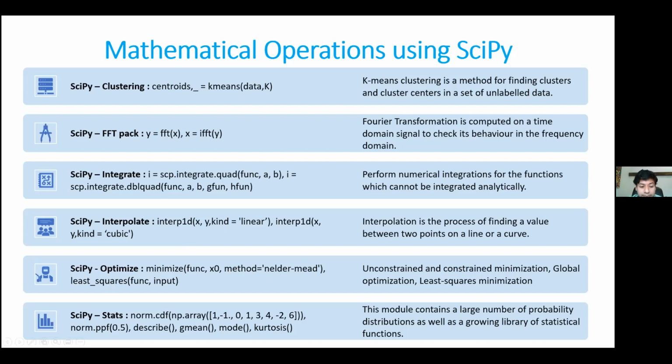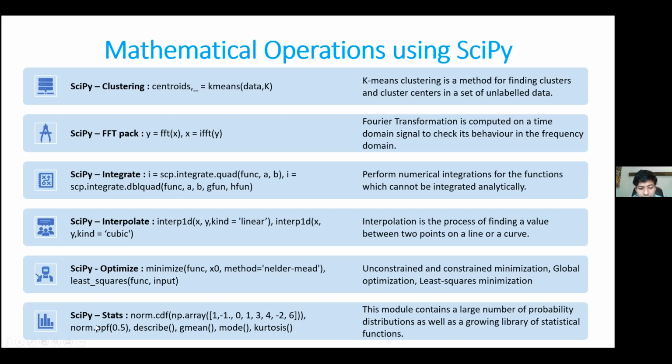And finally, there is the statistics module, which has some functions like norm.cdf. This actually gives us the CDF of the normal function, that is the standard normal Gaussian, a Gaussian function with mean 0 and standard deviation 1. These are just the points, and based on that, the CDF is built.